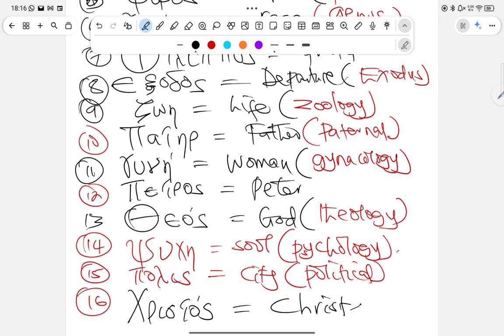So like you write Theos, and then after you've written all of them, Christos, Polis, Psyche, Theos, Petros, Gune, Pater, Zoe, Exodus, Philippos, Apostolos, all of those, then you sit just with the Greek vocabularies you've written, then try to put its meaning as you remember them. Try to look at this, think of how you can remember. And then after you've done it, you can go back and check how you've done.